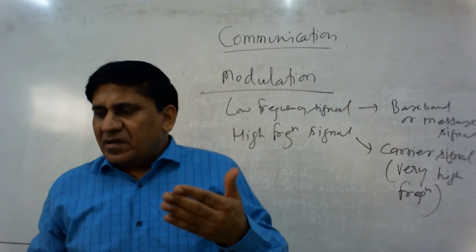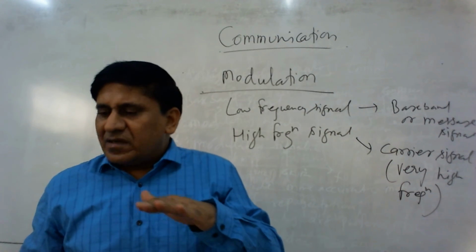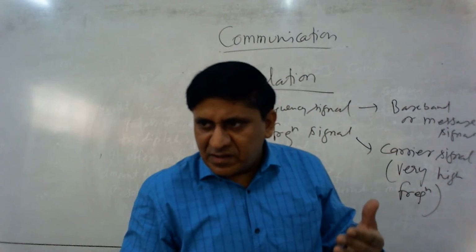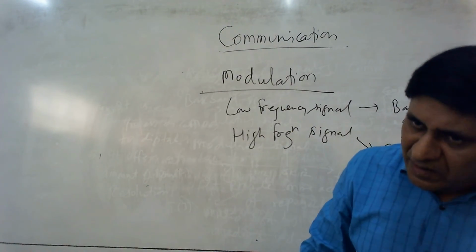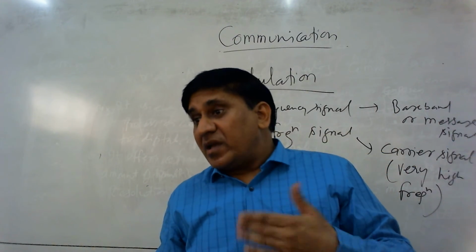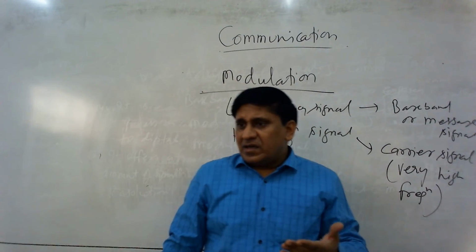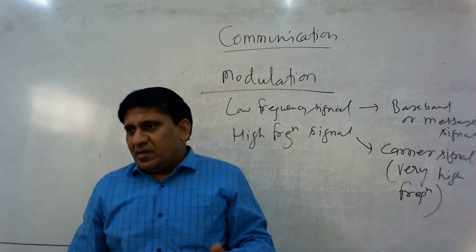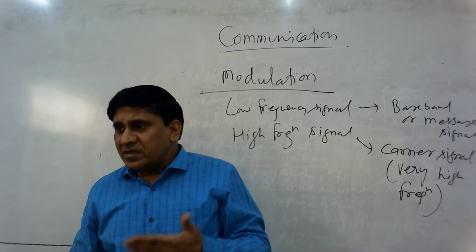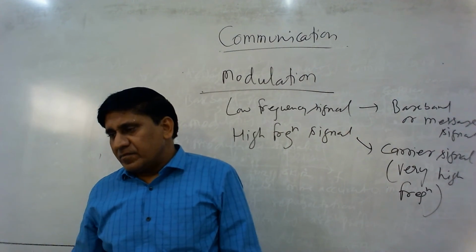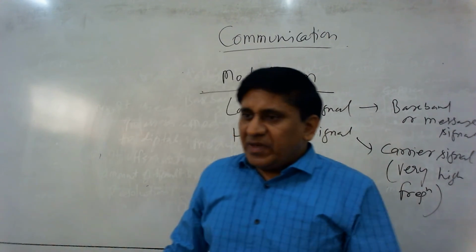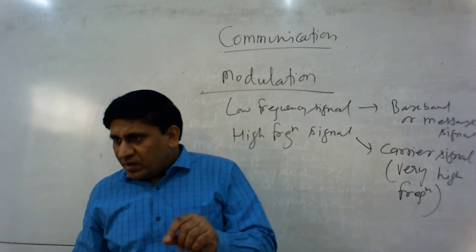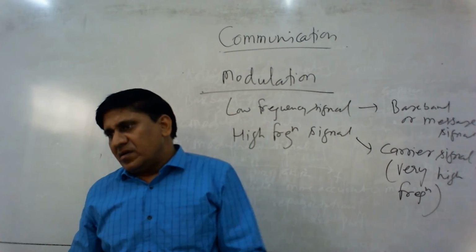If we consider a standard definition, modulation is the process in which the characteristics, that is amplitude, frequency and phase, of the carrier are varied according to the instantaneous value of the amplitude of the message signal. If we vary the amplitude while keeping frequency and phase constant, it is amplitude modulation.